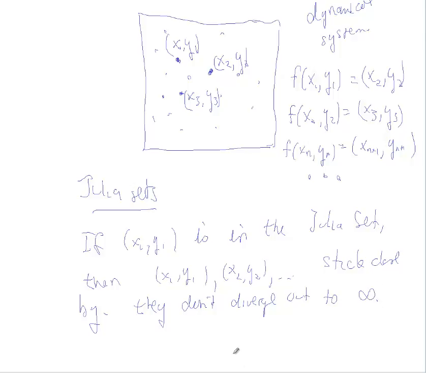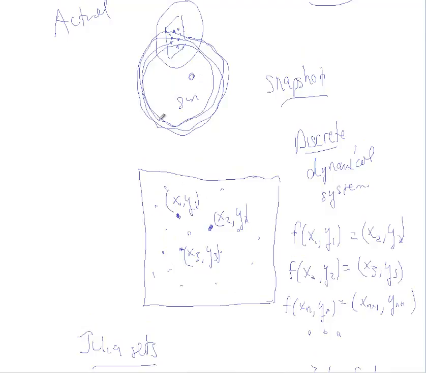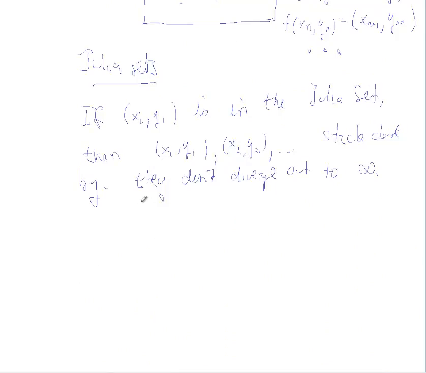Okay. All right, now what does this mean in terms of our planetary example? In our planetary example, that means that the orbit is relatively stable. It means the orbit keeps going around. It doesn't exactly pass through the same point, but it keeps coming back nearby. Now, if you're not in the Julia set, then that would correspond to an orbit that's not stable. You keep on going through, and then you get farther and farther away, and your orbit just degenerates into nothing.